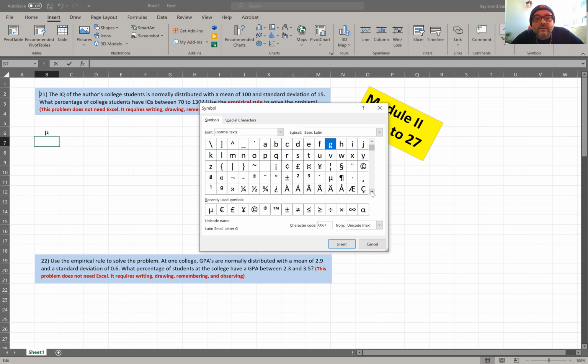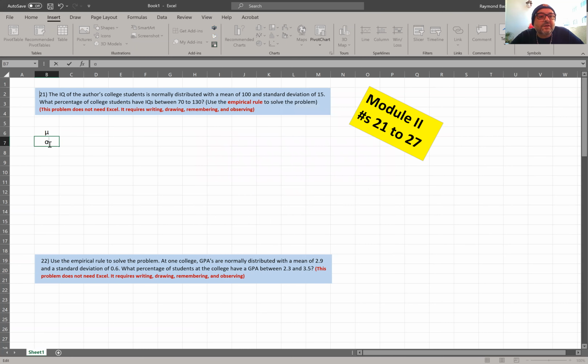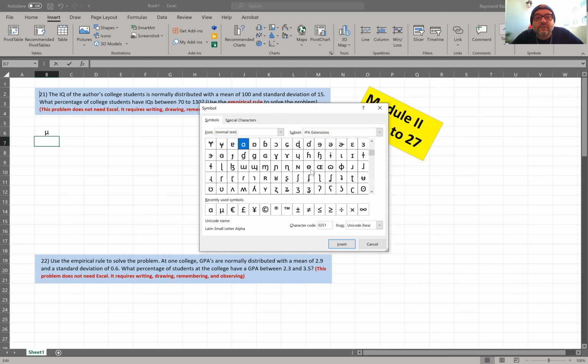It should be somewhere in these symbols. There we go. That's sigma.